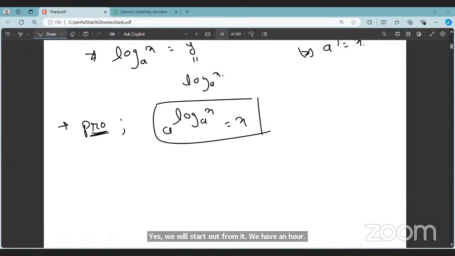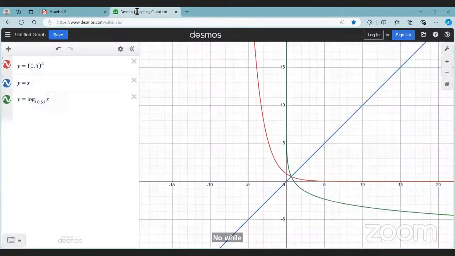How do you put the base in Desmos, for example log to the base 3?